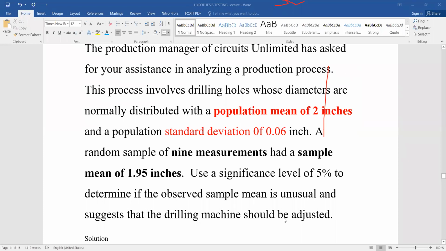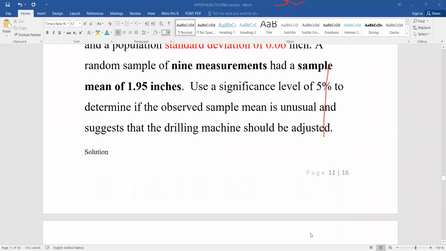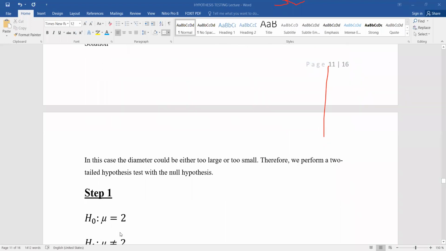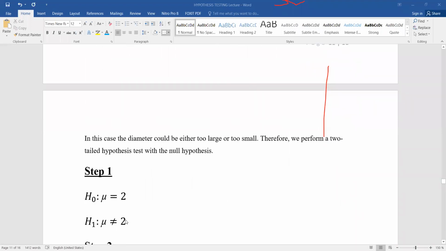Now, when they talk of adjusting, it could mean you're either increasing or lowering. So it is two-sided. It has both less than and greater than. So the first thing is to set the hypotheses, and we shall say mu is equal to 2 and mu is not equal to 2.